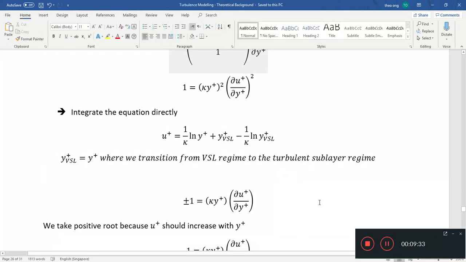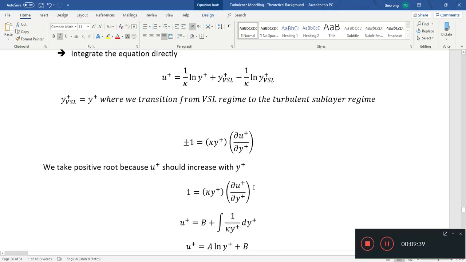Of course, the other way to integrate is to just take square root of both sides, because the squares are here conveniently, and then we have a plus minus 1 into that will be equal to the right hand side here. And which root then should we take? Because we have a plus minus 1, we take the positive root, because logically speaking, we should expect u plus to increase with y.